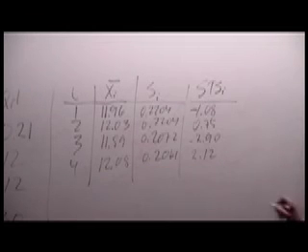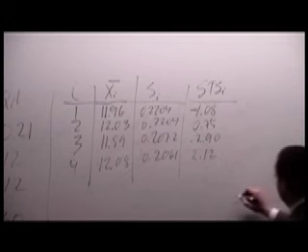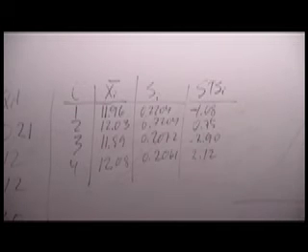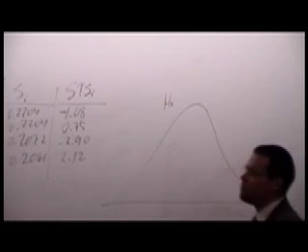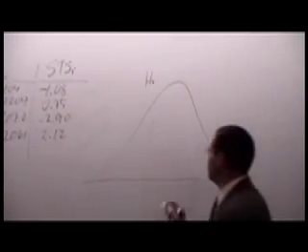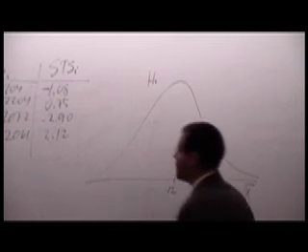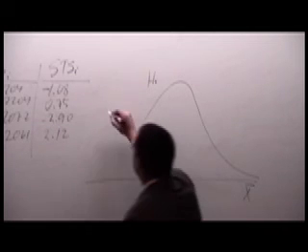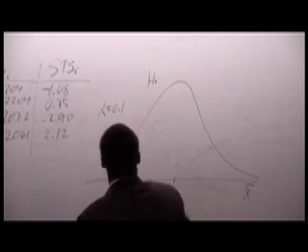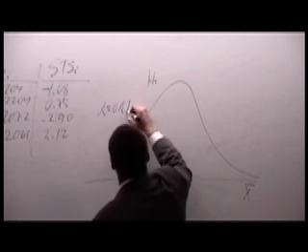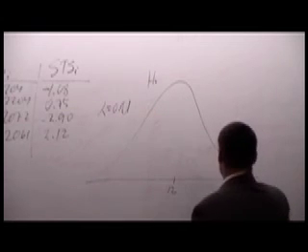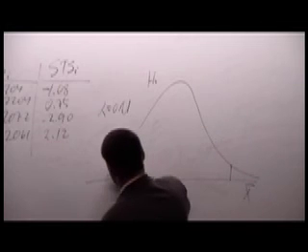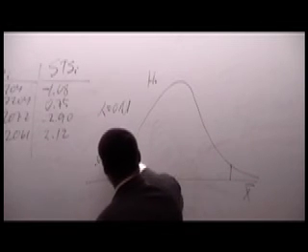Let's look at the distribution under the null hypothesis. Under the null hypothesis, X bar has a mean of 12. We're going to use an alpha of 0.01, and it's a two-sided test, so we're only going to have 0.005 on each side.